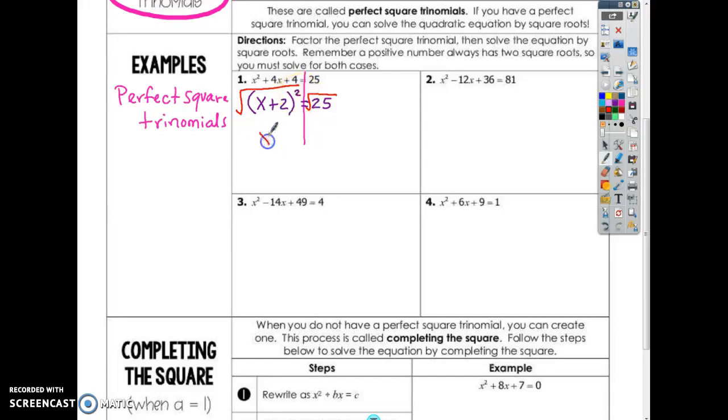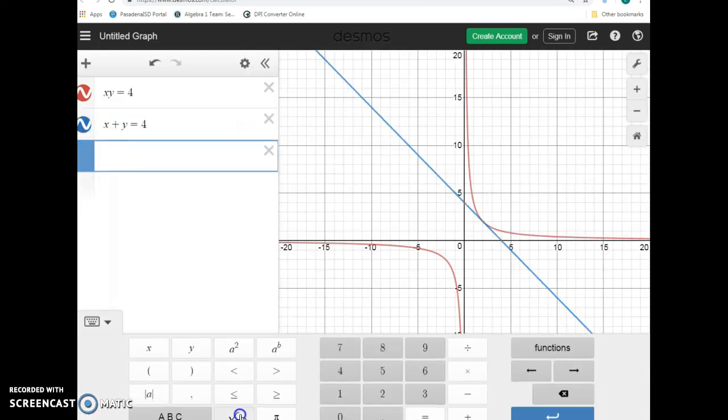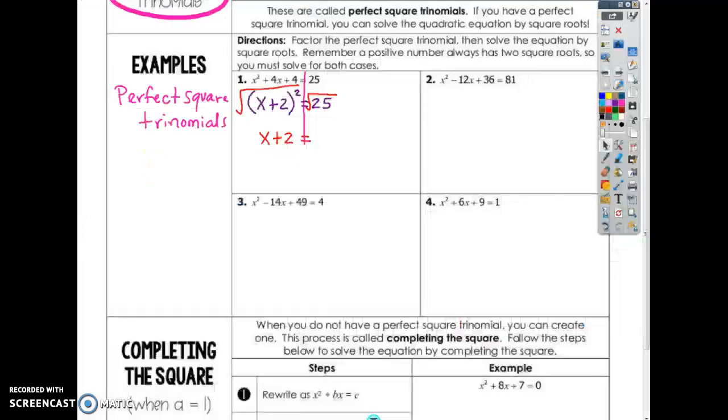So now I just have x plus 2 equals the square root of 25, which is 5. Okay, the square root of 25 gives you 5. So we're going to write it right here. But it's a plus or a minus 5.